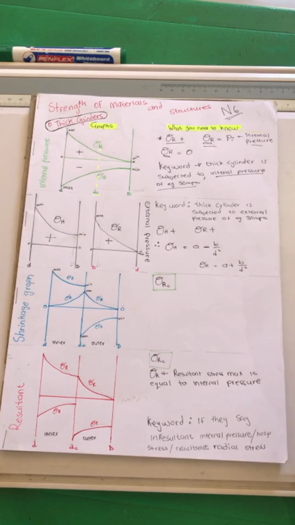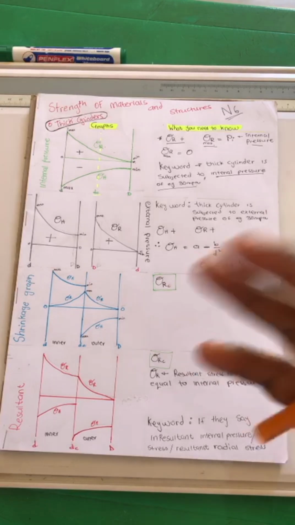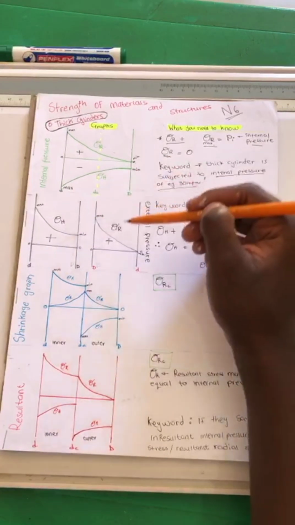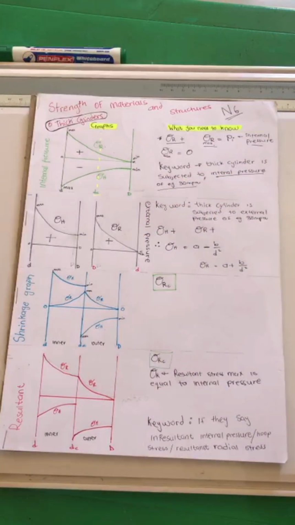Let's go to external pressure. What you need to know about this graph is that it has a trick, but nonetheless, it also has its easy spots. Get this: the hoop stress and the radial stress are positive, always.